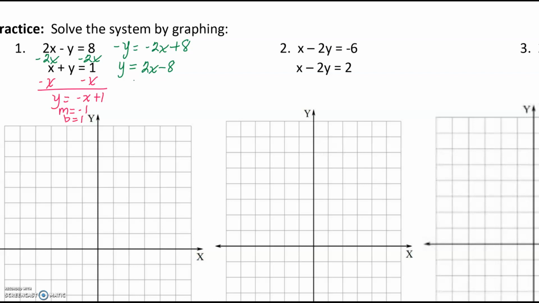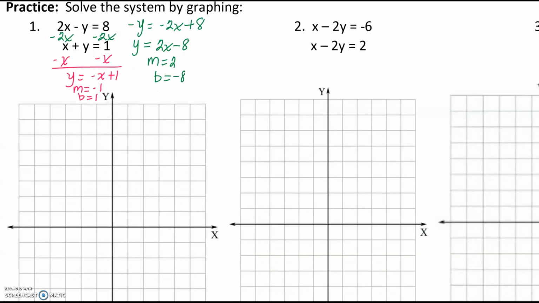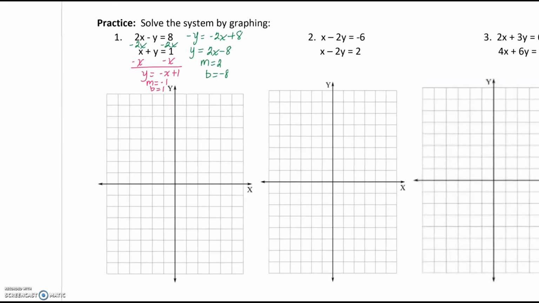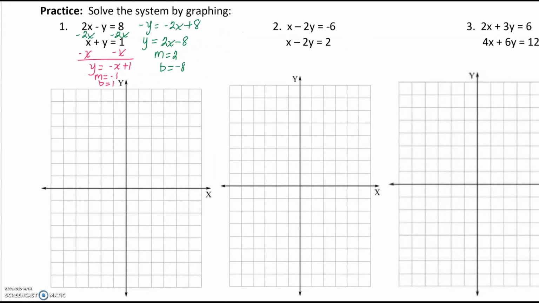For my green line, my slope is 2, and my intercept is negative 8. So before I even go and graph these, I can tell by looking at my slope and intercept of each that they're different slopes and intercepts, so I should have one solution. These lines should intersect at one point.